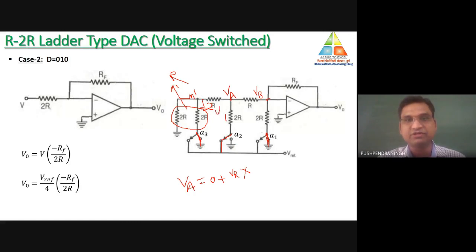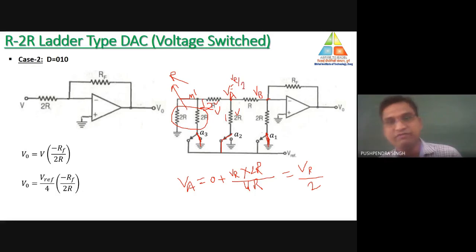The opposite side is this 2R, divided by the total resistance, 2R plus 2R, that is equal to 4R. So it can be written as VR divided by 2. So the value of VA is equal to VR divided by 2.